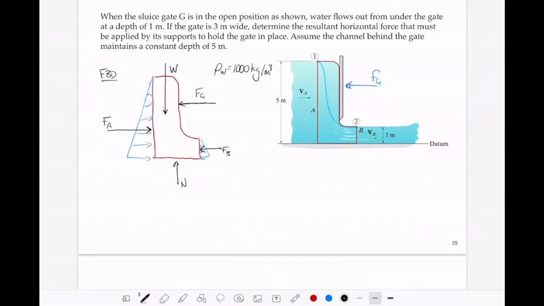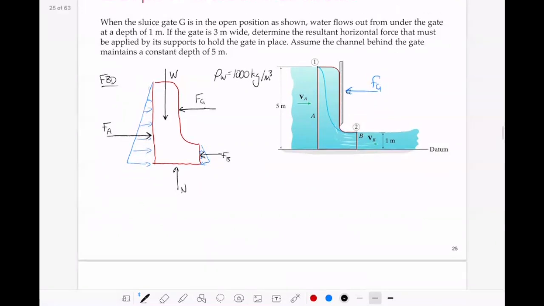So if this was just a question from before, we're looking at just the dynamics of the problem, and we asked, find the velocity at point B, given this information, and the velocity at point A, we could solve for that by using our Bernoulli's equation and our conservation of mass. So once we have the two velocities, then we know everything that we need to solve our linear momentum problem. So let's start by using continuity and Bernoulli's equation.